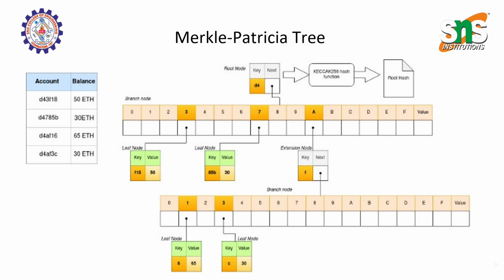So the root node stores the first 2 values of the account field. So the first 2 values are D4. The remaining values are the branch information. So the key value is nothing but D4 and the next is the information 318.